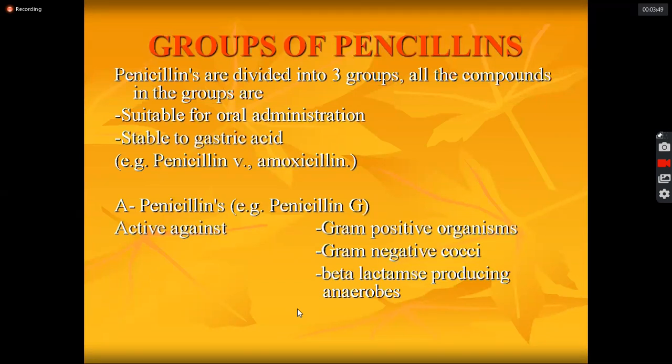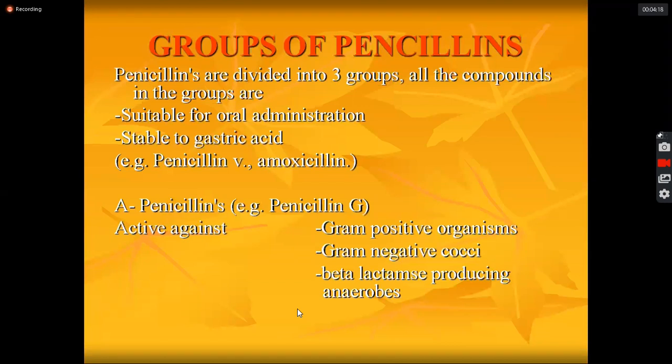On the basis of chemical structure, I'm repeating again, we have natural penicillins, which are penicillin G and penicillin V, benzyl penicillin. Semi-synthetic penicillins that are beta-lactamase resistant are dicloxacillin, oxacillin, and cloxacillin. Beta-lactamase susceptible ones are aminopenicillins, amoxicillin, ampicillin, ureidopenicillins, piperacillin, carboxypenicillins, and ticarcillin.